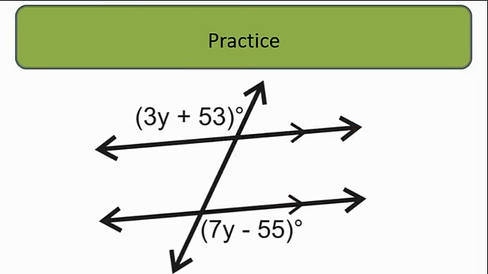Again, I can use the same logic from the last two examples. Set the two alternate exterior angles equal to each other. I get 3y plus 53 equals 7y minus 55. Subtract 3y from both sides and add 55 to both sides.